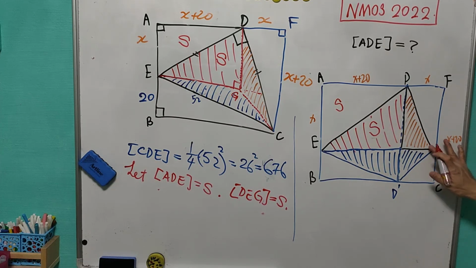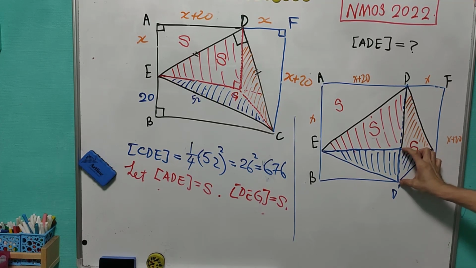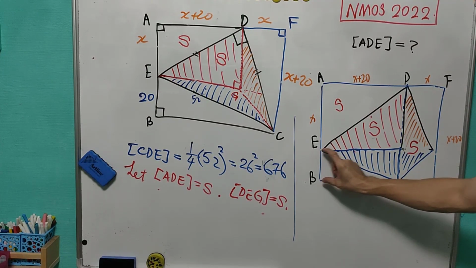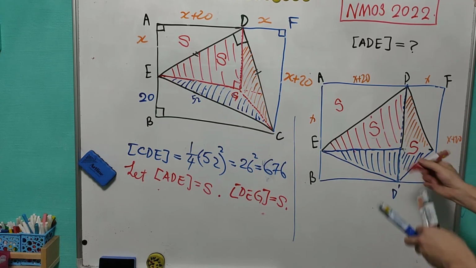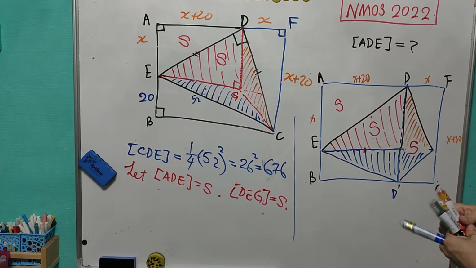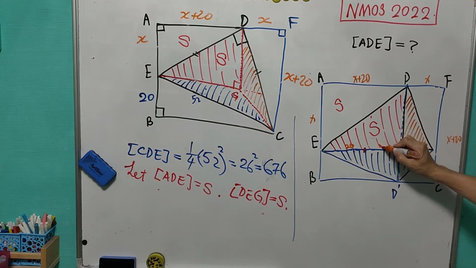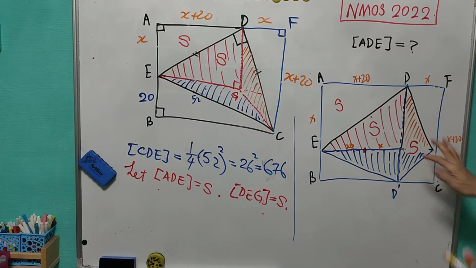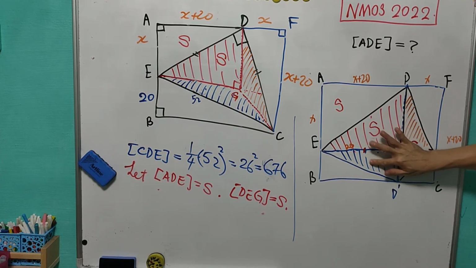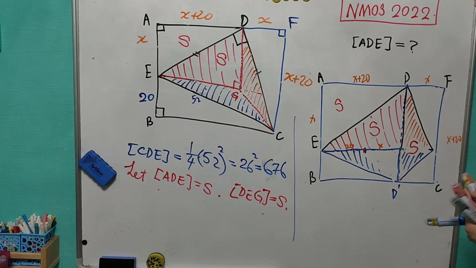And this will actually equal S again. What is the area of the triangle that we borrow? The dimension is X and 20. So we have 20, then we need to minus X here. So say this is 20 and this is X. So this portion will disappear, and move to here.